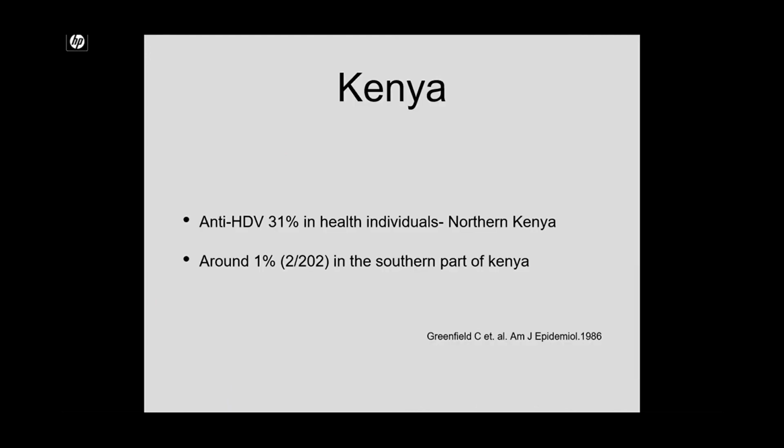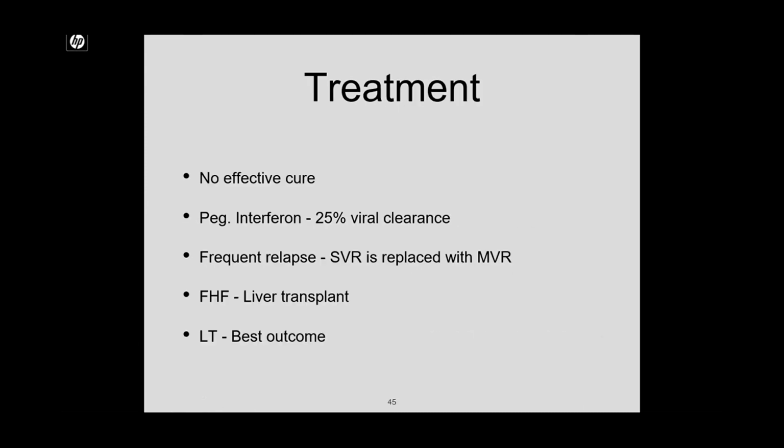Recently, I also communicated with my friend from Kenya, Dr. Paul Yonga. This study was in 1986. Recently he has been doing some studies in Kenya, and it shows wide geographic variation. It was 31% in the northern part, but in the southern part it's 1%. So the geographical variations are something to see.